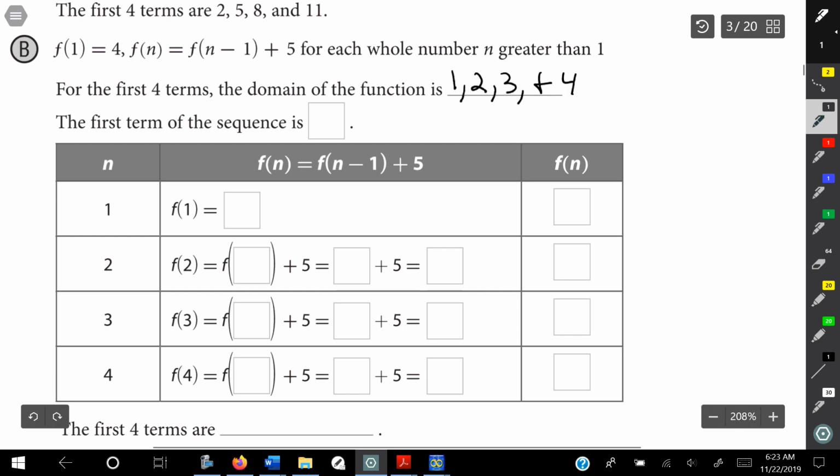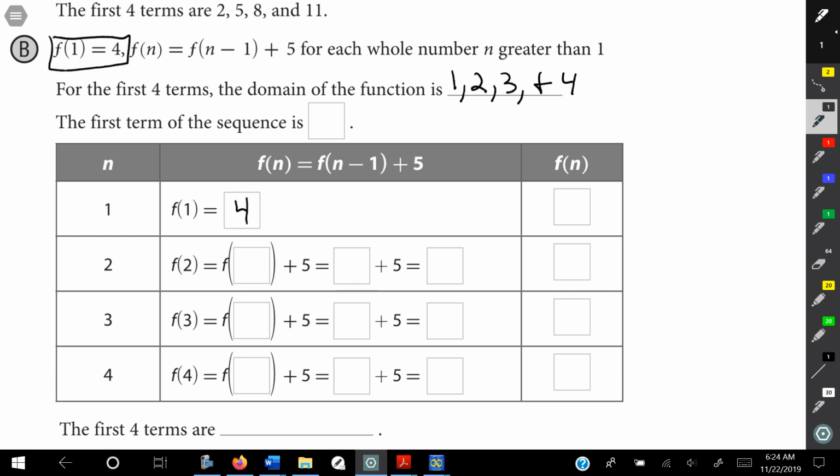Again, you can't do this unless you have the first term, but it's always given in the rule. So they tell you f of 1 is 4. So we know f of 1 is 4.